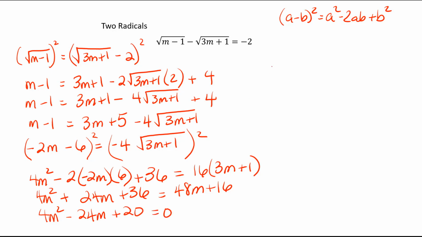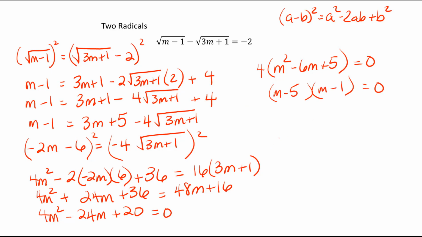Now I am going to factor out a 4. So 4 times m squared minus 6m plus 5 equals 0. And so now I can factor this and I've got m minus 5, m minus 1. That means that m is either 5 or m is equal to 1.